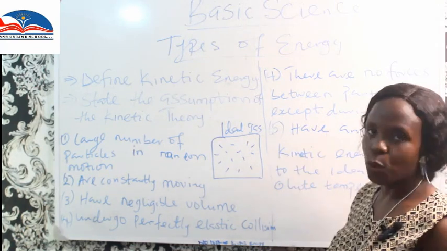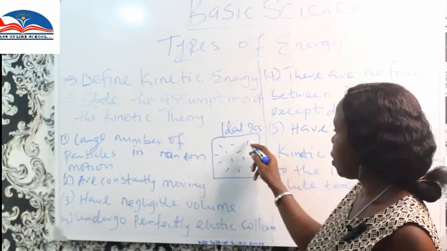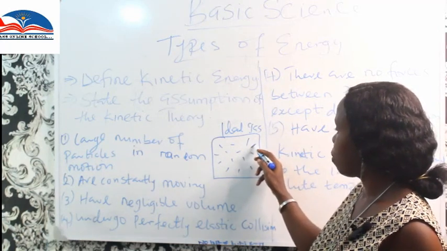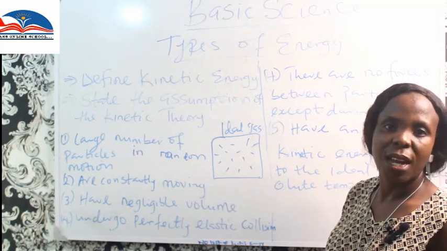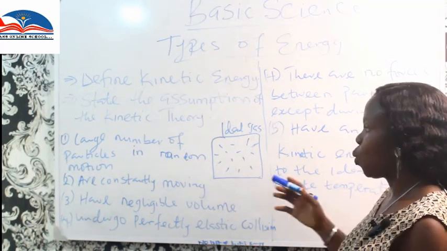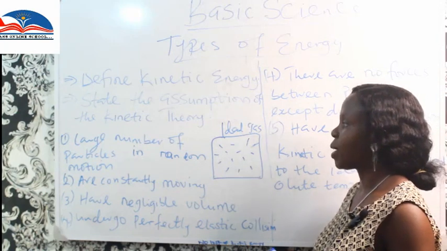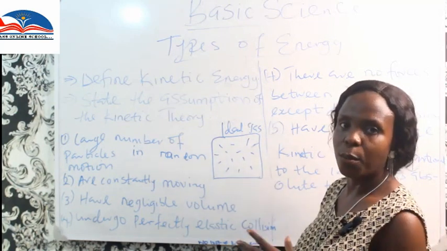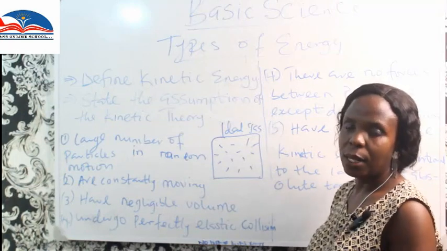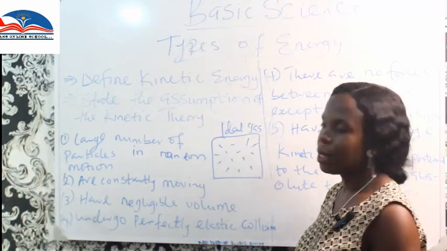They are in random motion. They can be of different sizes and different shapes. They don't take a similar direction. So, the first assumption says these particles move randomly.